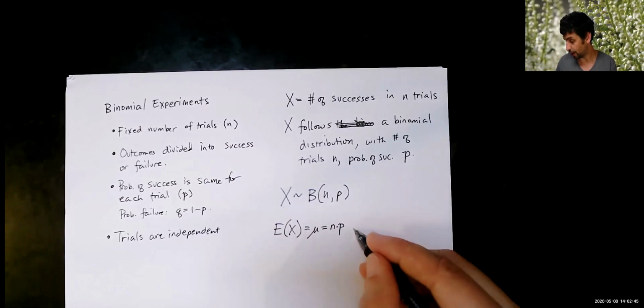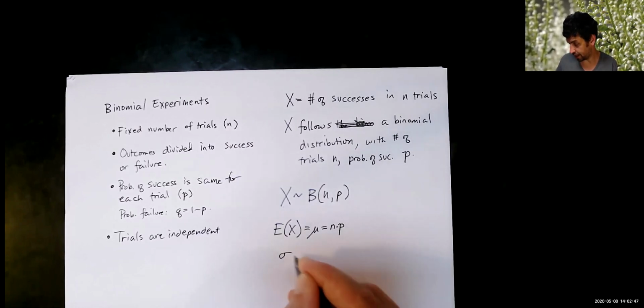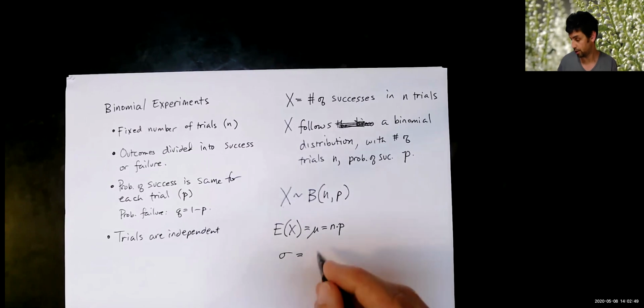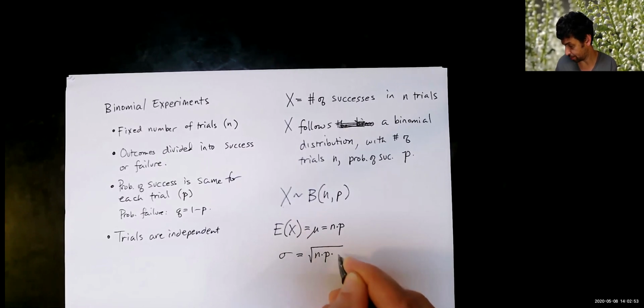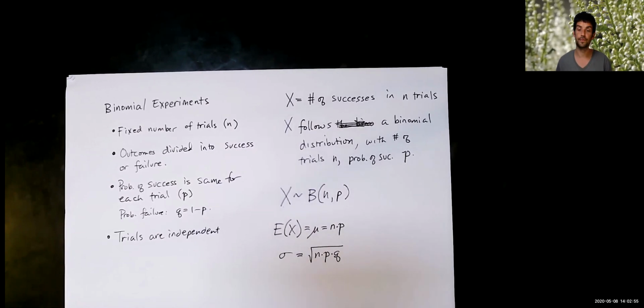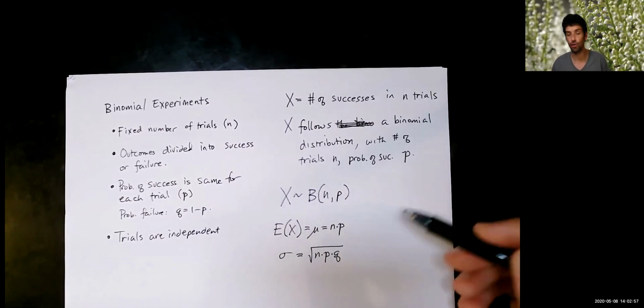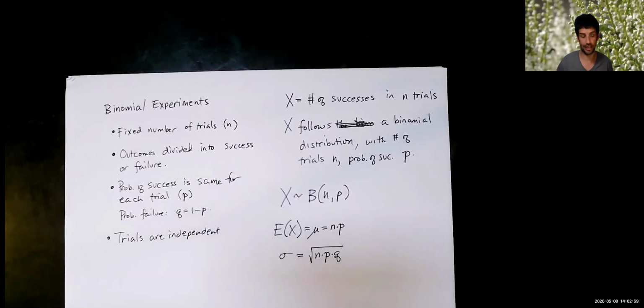And in a similar way, we can compute the standard deviation for the distribution, and that's just n times p times q. Right? So we get a whole bunch of information for free if we recognize that something is a binomial experiment and name our variable so that we have a binomial distribution.